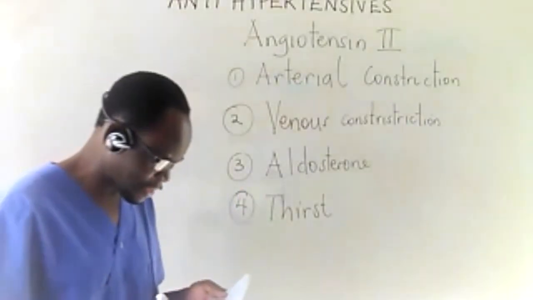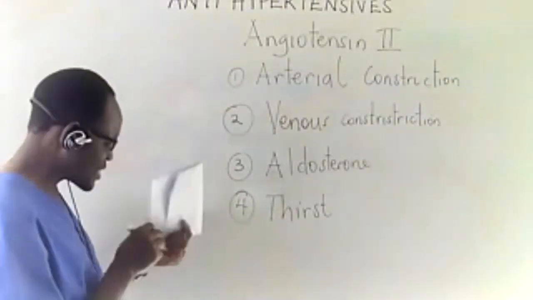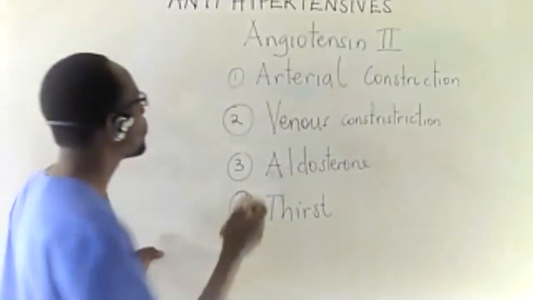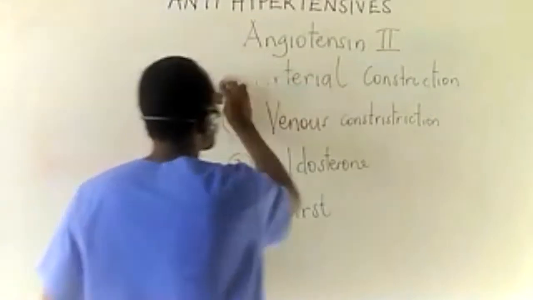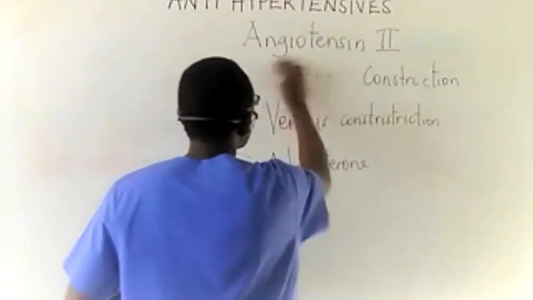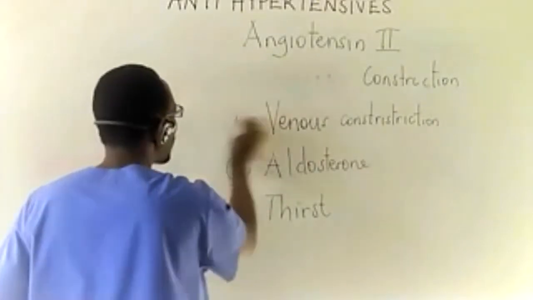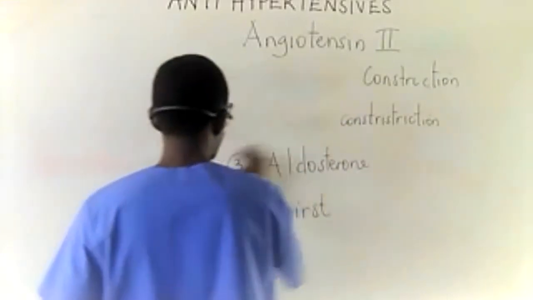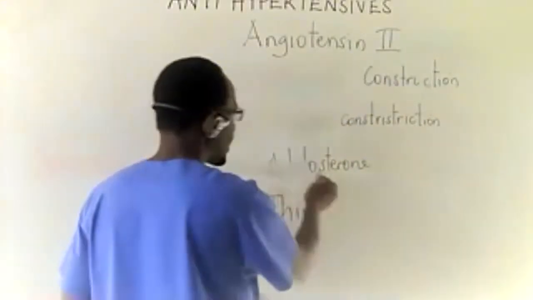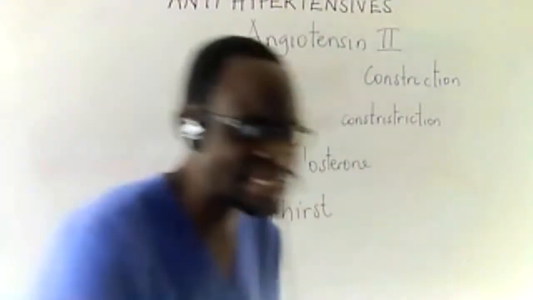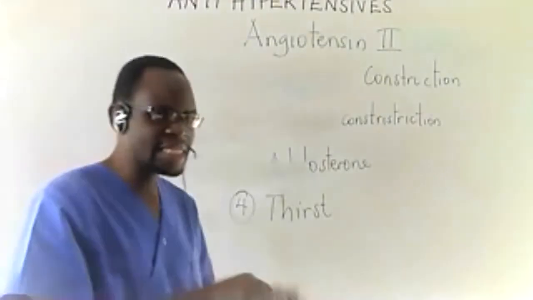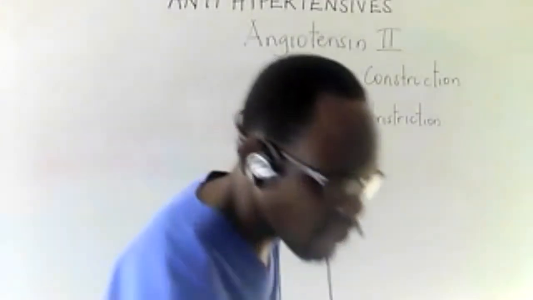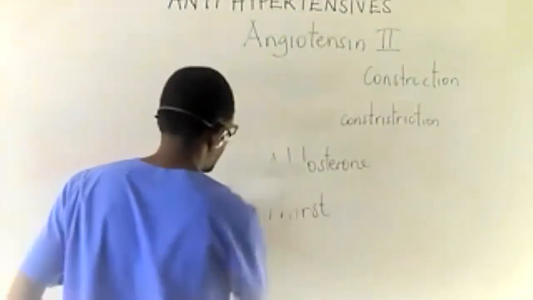What actually happens is that they block the angiotensin converting enzyme, which we said is produced within the lungs.